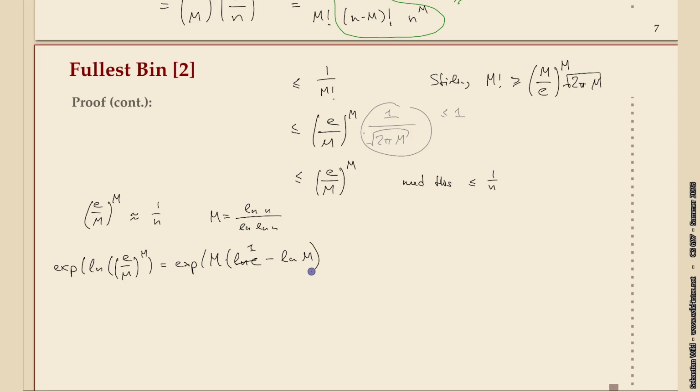And if you insert what m is now, you get the ln n that becomes the 1 over n. I'm missing one minus here, right? Okay, there's a minus in total.